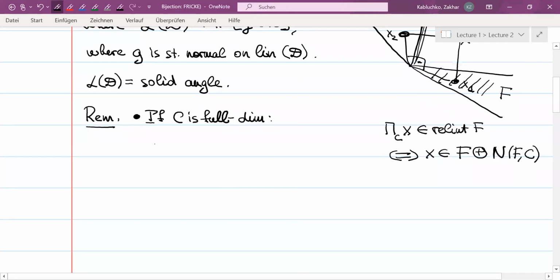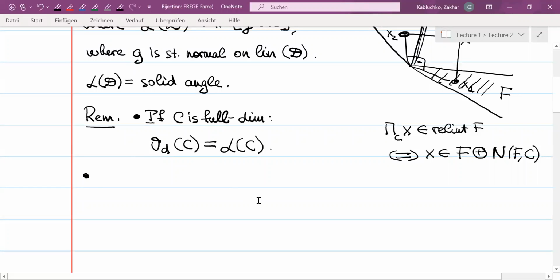Then the d-th conic intrinsic volume of C is the probability that some point is projected to a face of full dimension d, right? And C is full dimensional, so C has non-empty interior. Then it is just the angle of C. So the last conic intrinsic volume is just the solid angle.